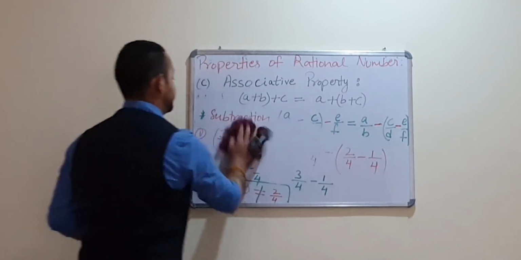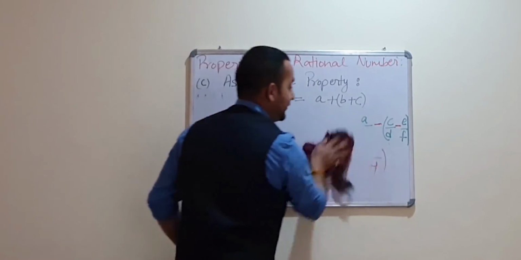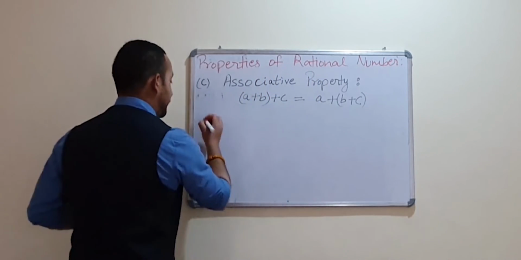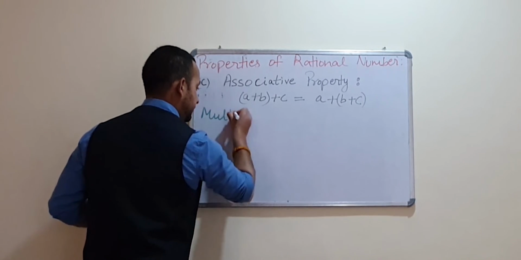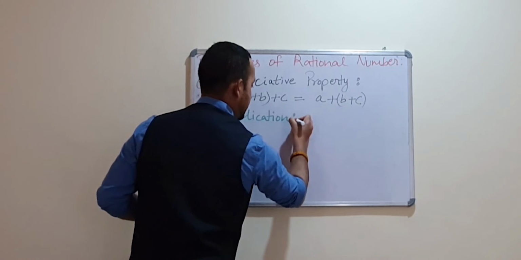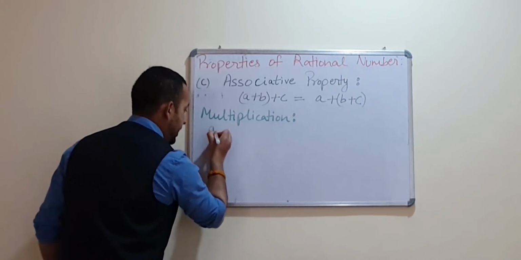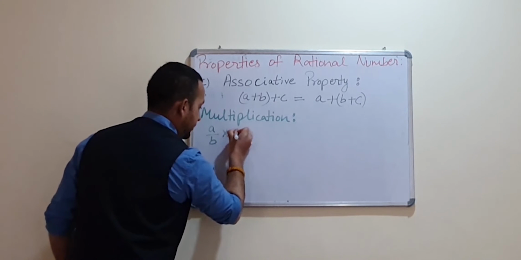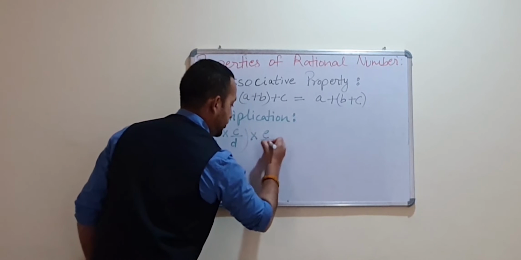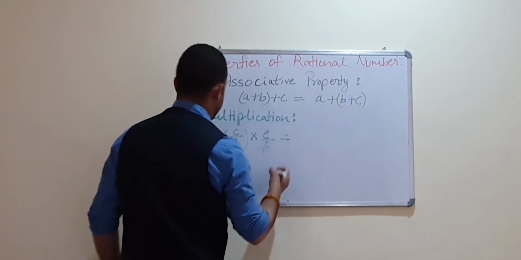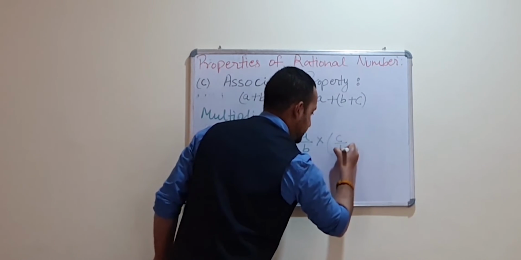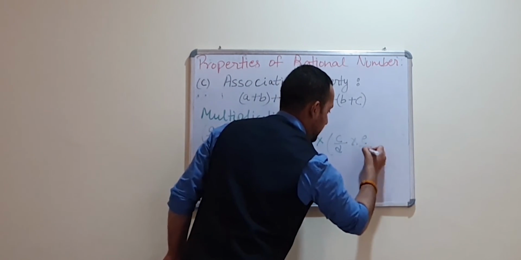Now similarly for multiplication, (a/b × c/d) × e/f equals a/b × (c/d × e/f).